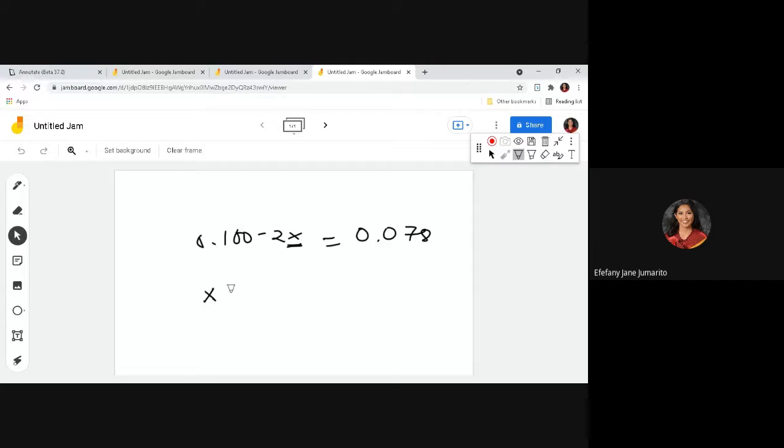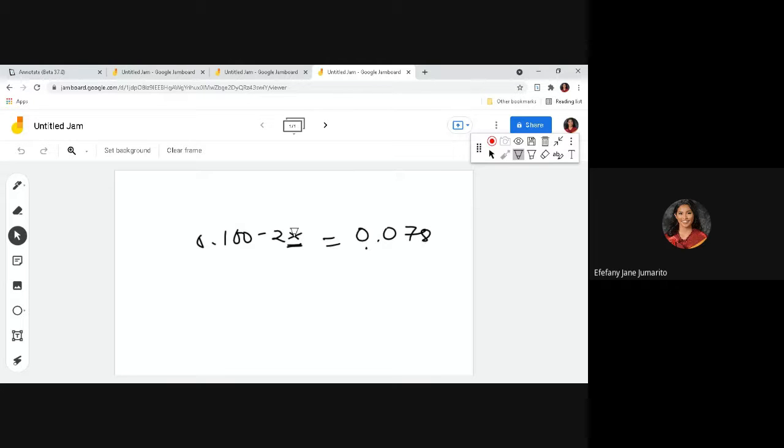The value of x will be... okay, math lang, class. So we have 0.100 minus 2x is equal to 0.078.